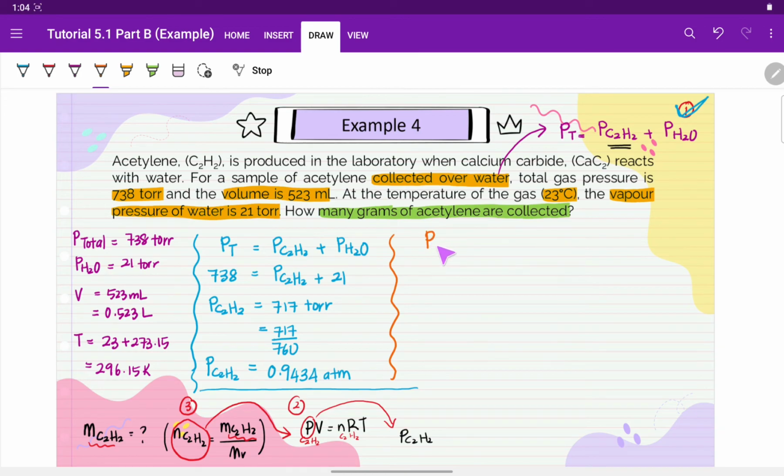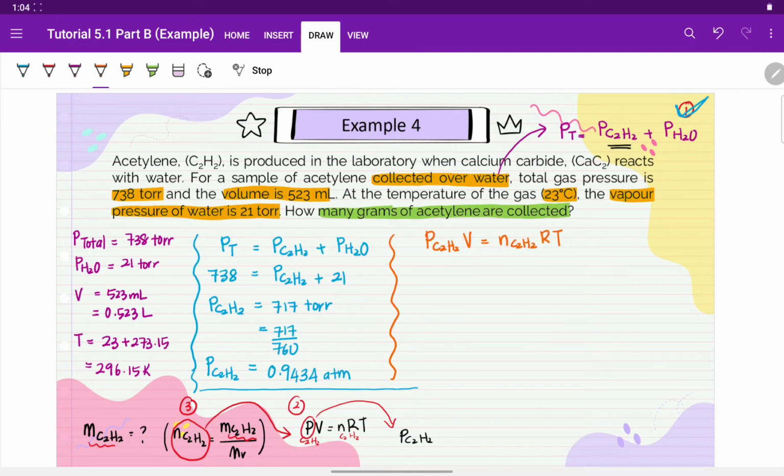So, kita gunakan partial pressure C2H2 PV, volume of the gas container, number of mole of C2H2, okay, PV equals to nRT. Okay, so maklumat semua kita dah ada. Kita nak cari number of mole of C2H2.